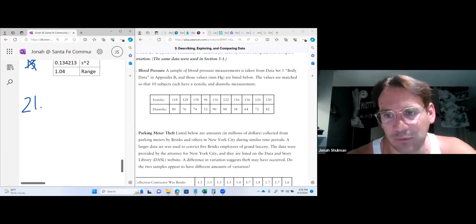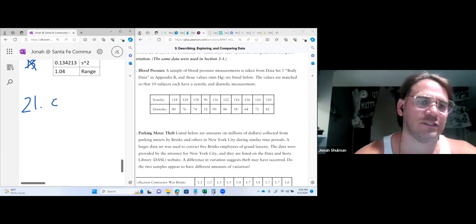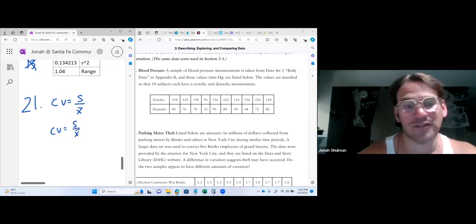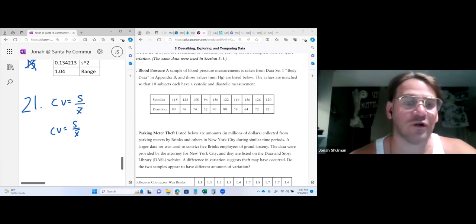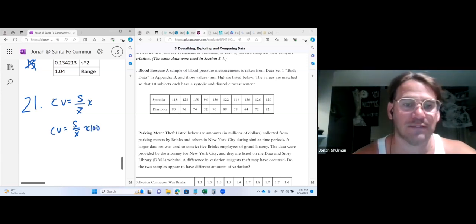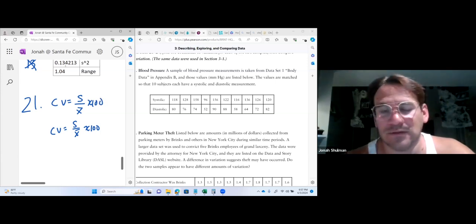So our CV is going to be the little s over the x bar, which basically means your standard deviation over your mean. And we're just going to compare them. Oh, sorry, it's a percentage, which means we have to multiply by 100. That's how we can get these.